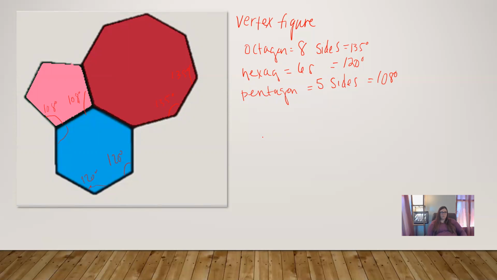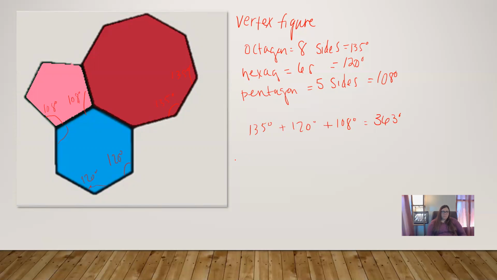So, what you'll do is add 135 degrees plus 120 degrees plus 108 degrees, and you're going to get a total of 363 degrees. So, our vertex figure equals 363 degrees. So, there's going to be a little bit of overlapping.